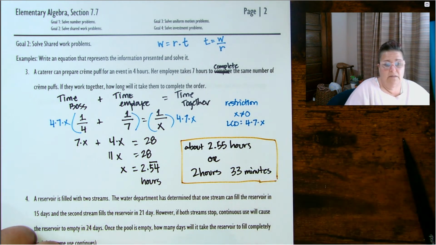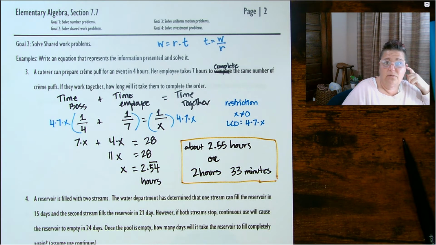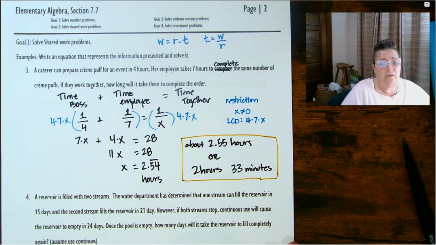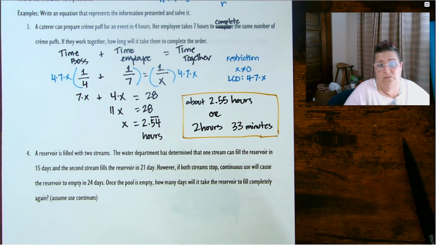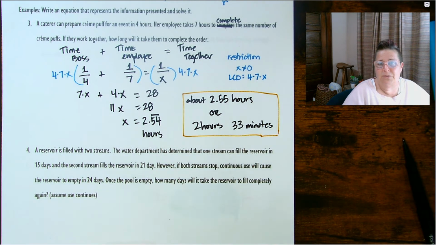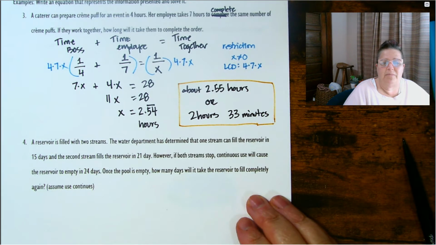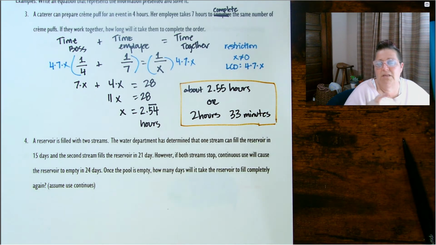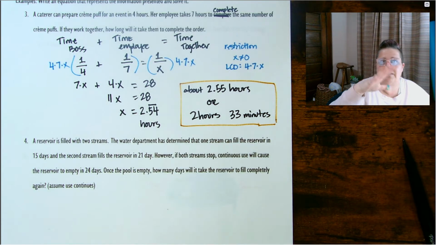All right. Let's try the next one, which is about a reservoir. Reservoir? It's late. I can't say reservoir. Okay. Let's say we have a reservoir. It's being filled using 2 streams. The water department has determined that one stream will take 15 days to fill.